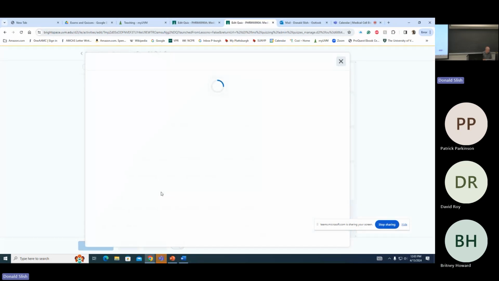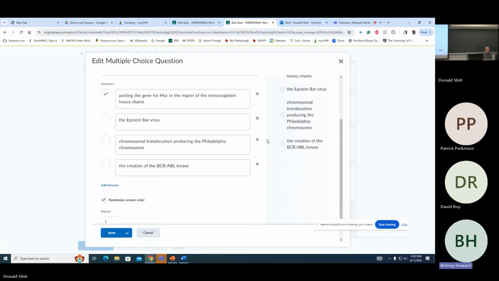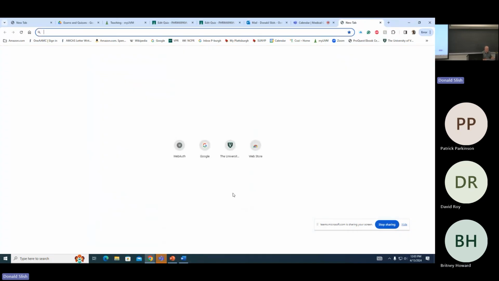Burkitt's lymphoma. I mean, the MYC part is right, but then I was just wondering why, because it seemed like both of those would have been. Oh, so you think Epstein-Barr could also be an answer for Burkitt's lymphoma? Yes. Don't know. We live in the internet age.